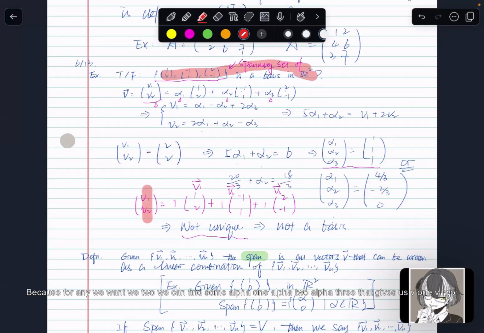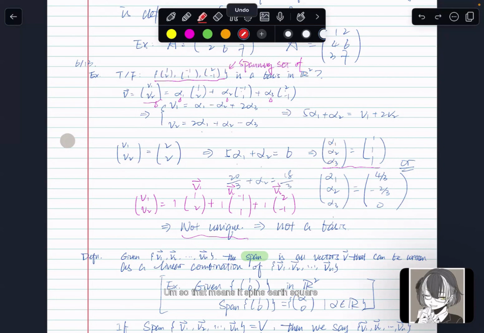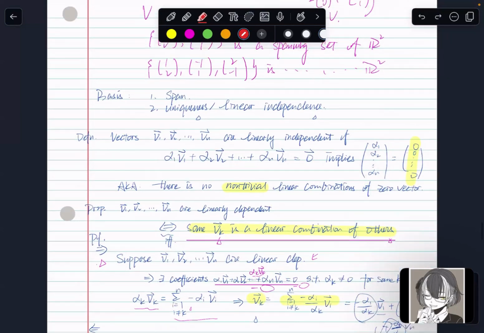Because for any V1 and V2, we can find some alpha 1, alpha 2, alpha 3 that gives us V1 and V2. So that means it spans R squared.